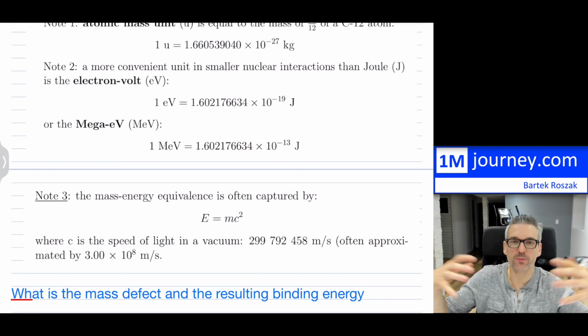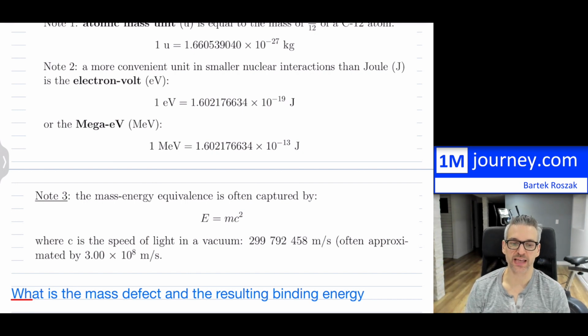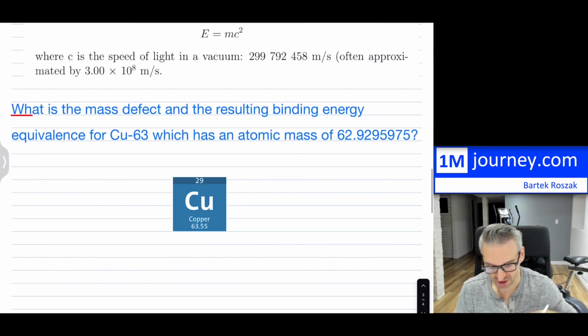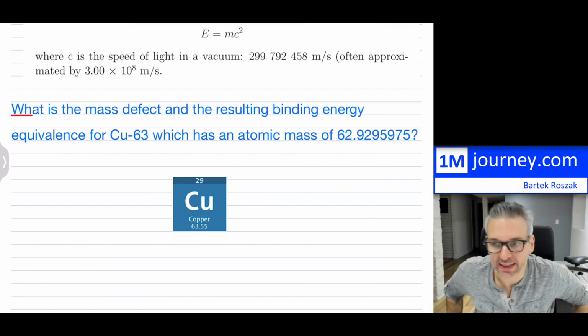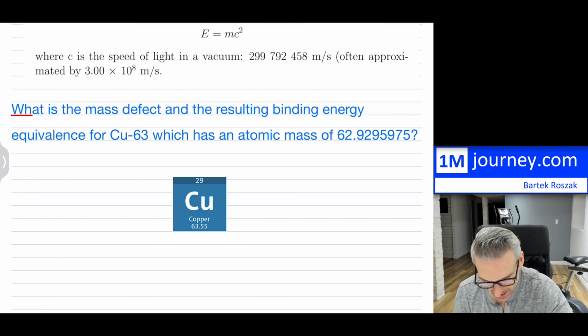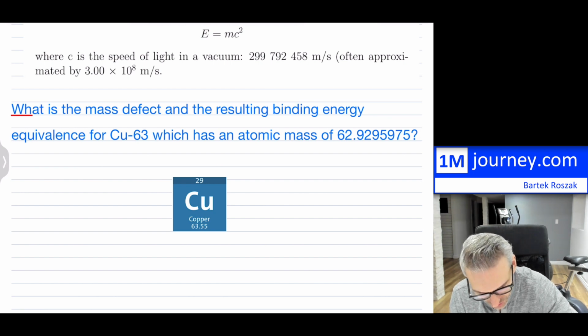Okay, let's bring all of this together so that we can see how it relates. Here is an example, and it is rather simple. It says, what is the mass defect and the resulting binding energy equivalence for copper-63? Here, the atomic mass is provided to us.